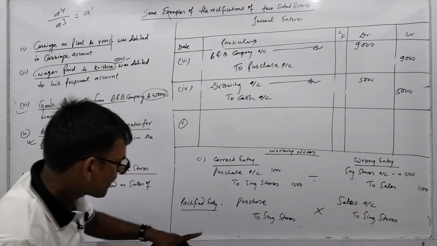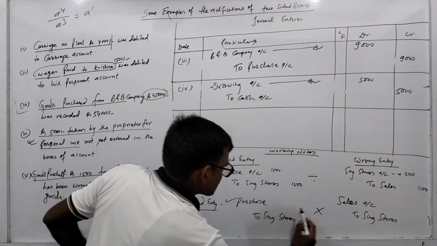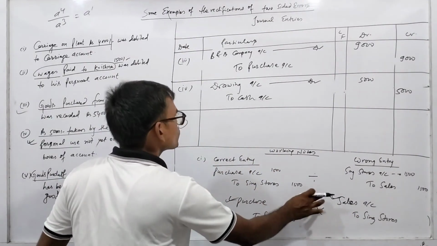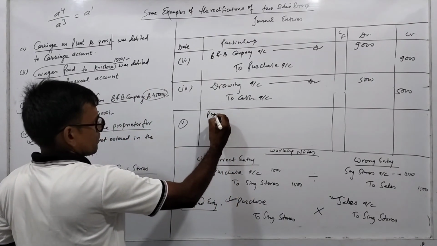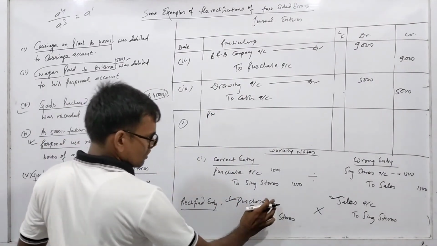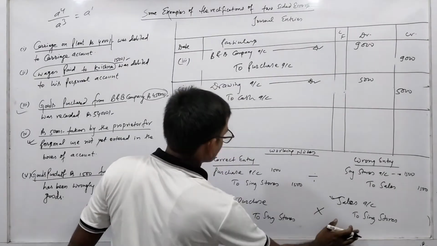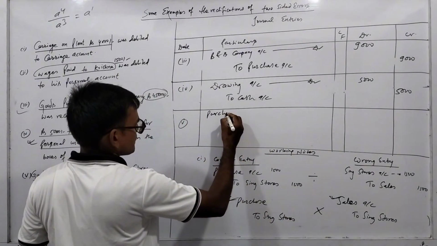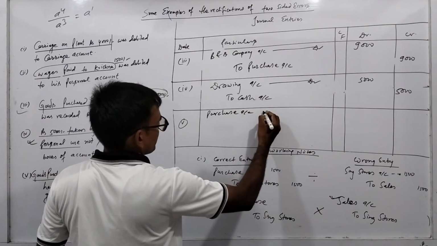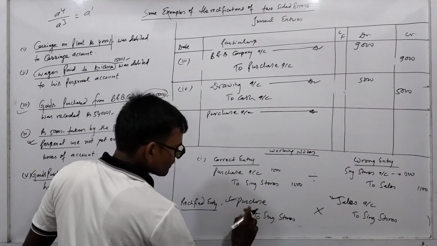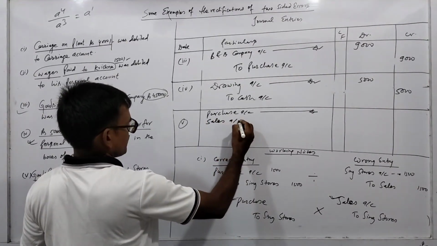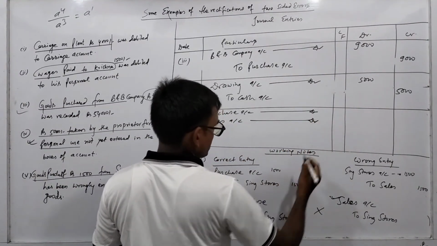Now see, purchase is debit, sales is debit, so these both accounts should be debited. Here no account is going to be cancelled. Purchase account debit, so you write here purchase account debit. Another, sales account debit. How much amount?